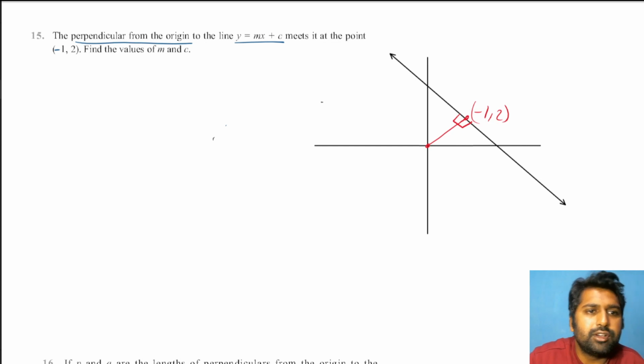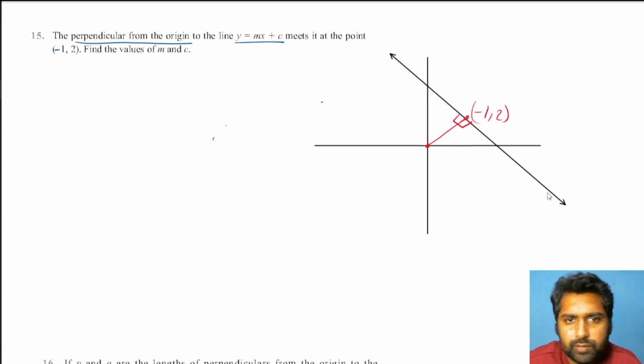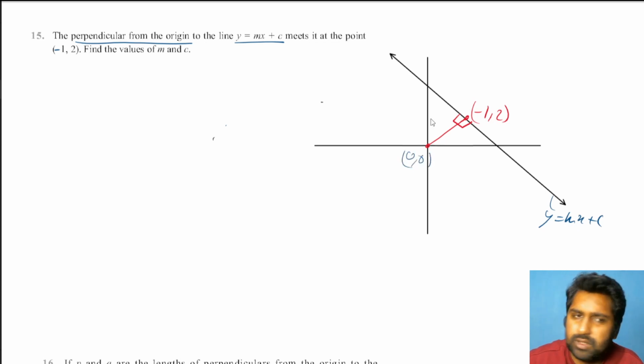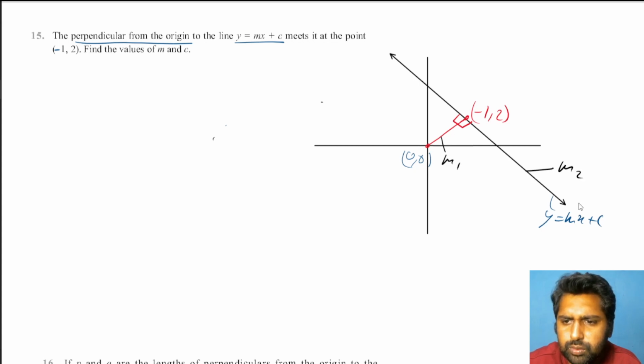He's saying find the value of m and c. The equation of this line is mx plus c. First of all, this is origin 0 comma 0. I think after this you should know what I'm going to do. M1, this is M2, let's say for the time being.